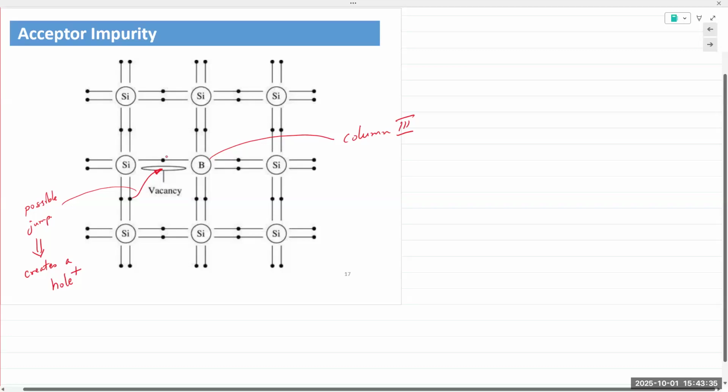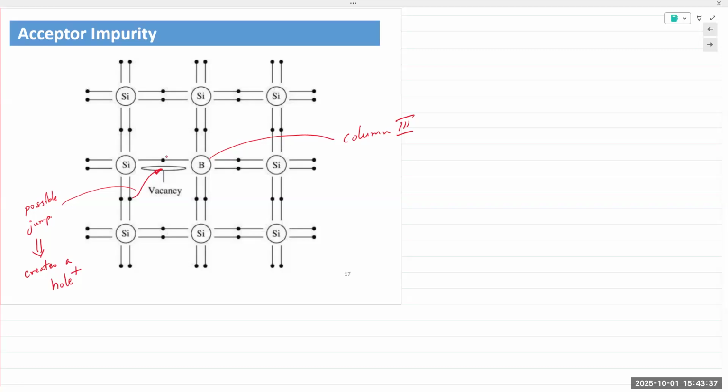And so when we add column 3 elements to our semiconductor, again, the same dosage, 10^16, 10^17, 10^18 atoms per centimeter cube, it will create that many corresponding free positive charge carriers.